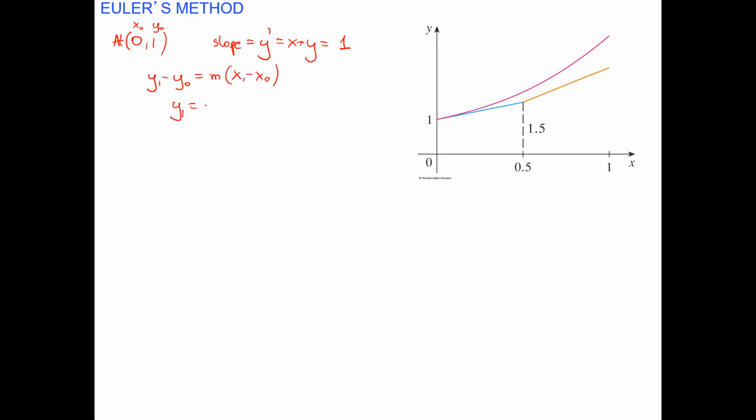Let's substitute. My point is 1, slope is 1, and my x value is 0. So we have the tangent line, 1 times x is x, plus 1. So the blue line has the equation x plus 1.